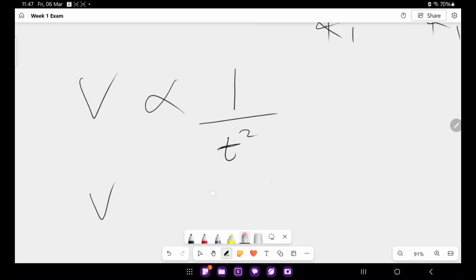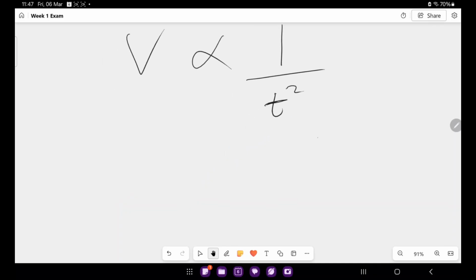So what do we do? We remove the sign of proportionality, this sign. We replace it with an equal sign. And then once we replace the sign of proportionality with an equal sign, we introduce k.